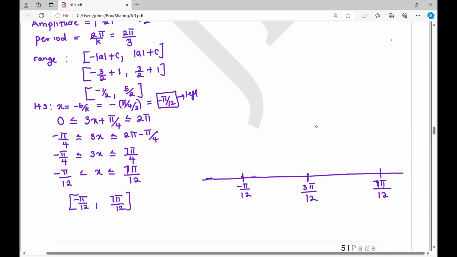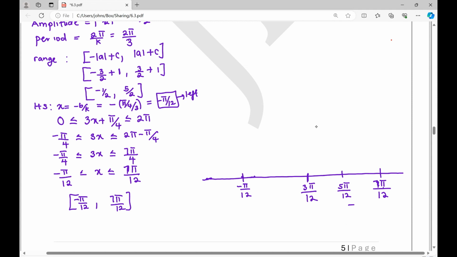Now, if you add 3 pi plus 7 pi, that is 10 pi, so you have 10 pi over 12, then everything divided by 2. This is going to give us 5 pi over 12.